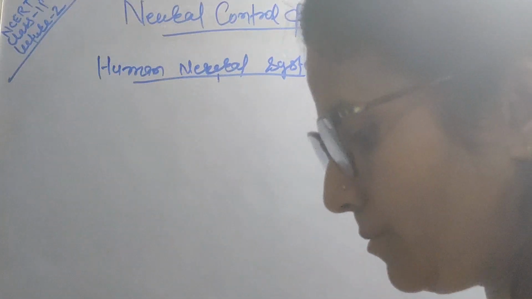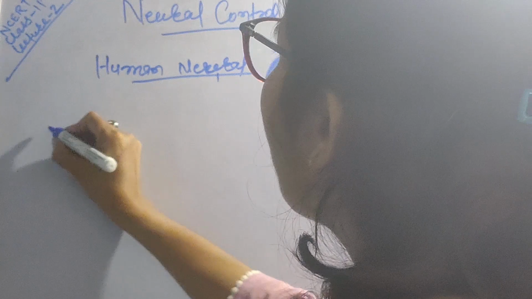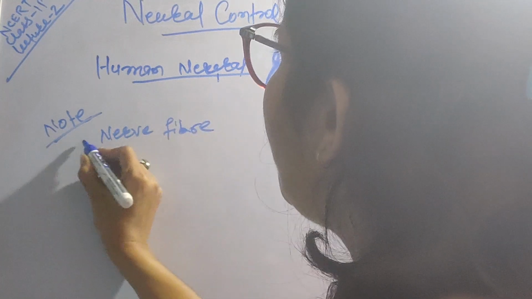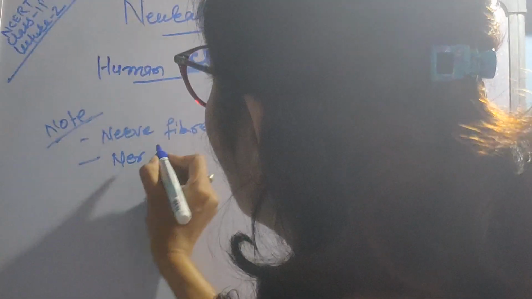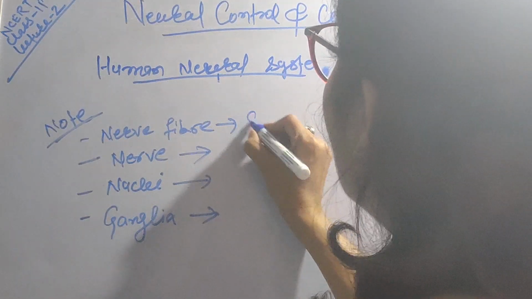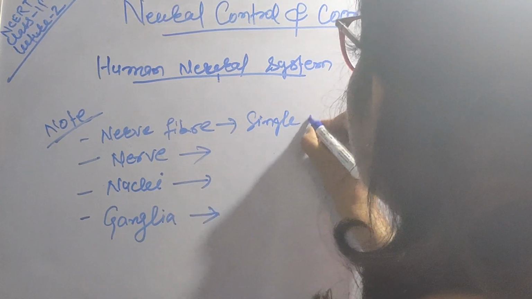Now there are some small soft topics, like what is a nerve fiber. Note: what is a nerve fiber, then nerve, then nuclei, and then ganglia. Nerve fibers are single nerve cells.